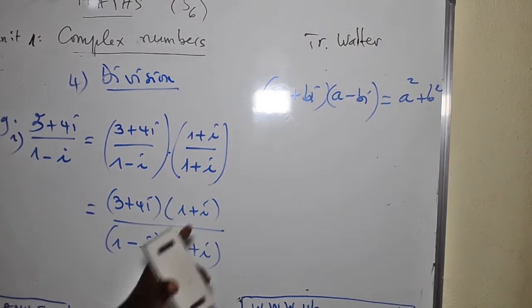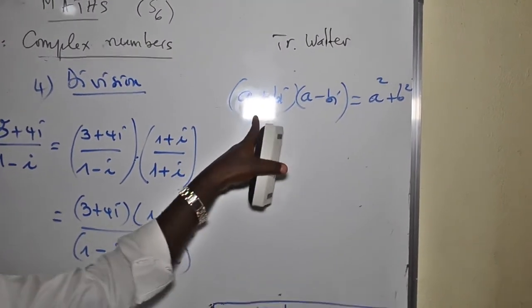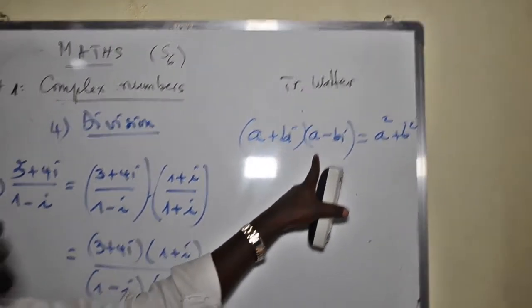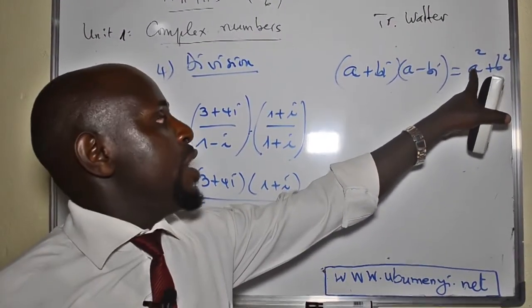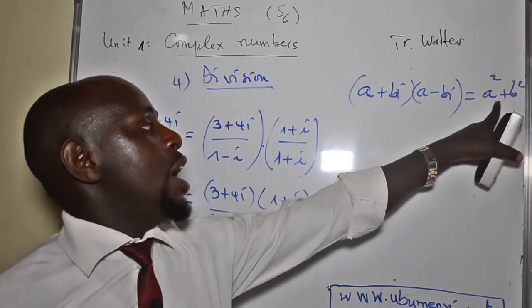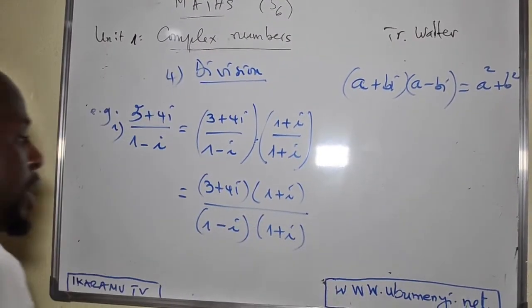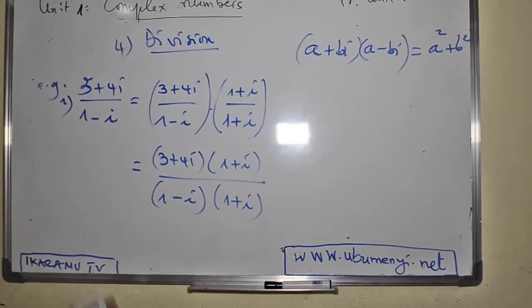When you are finding the product of a number and its conjugate, you simply take the square of its real part and the square of its imaginary part. That's why we have a squared plus b squared.